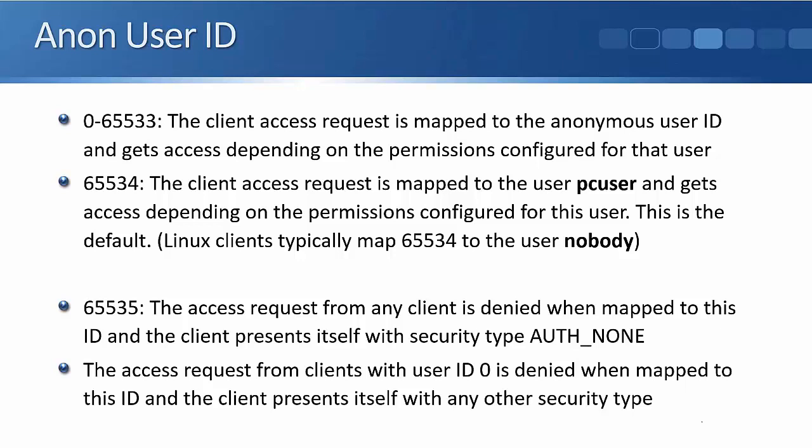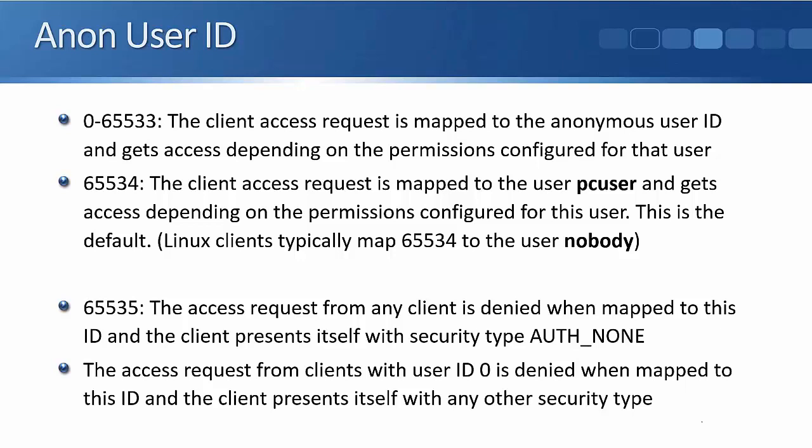We can use user ID 65534. In this case, the client access request is mapped to the user PC user. When you enable NFS on an SVM, a user with user ID 65534 and username PC user is created by default. One of the uses for the PC user is for multi-protocol access from Windows clients that we're going to be talking about later.